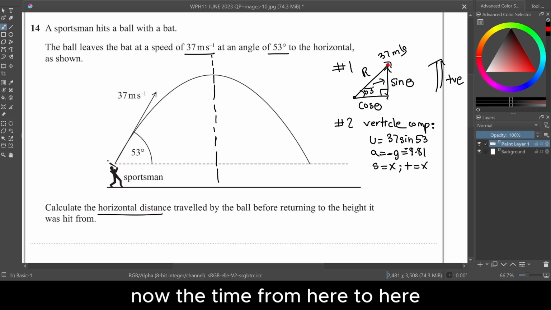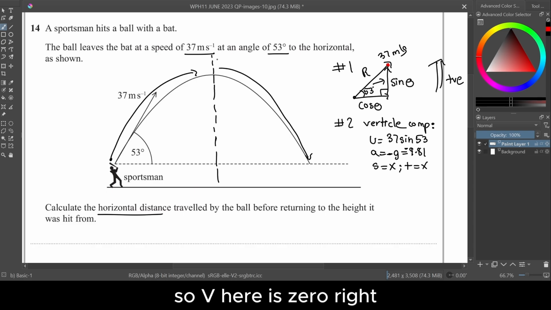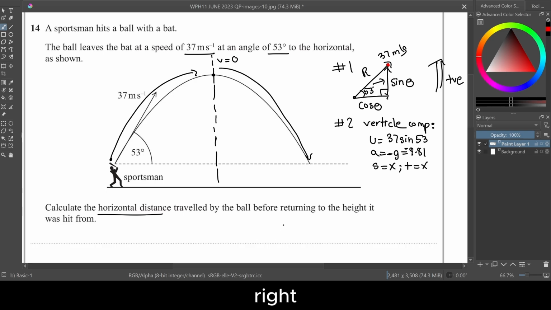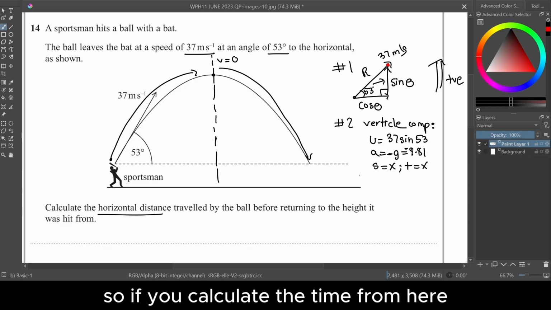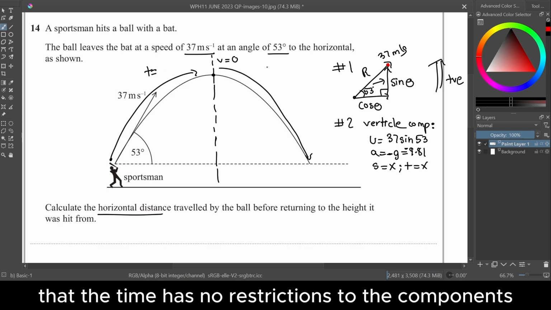Now the time from here to here will be equal to the time from here to here. So v here is 0, it's like reaching a stationary point at the top. You should know by now that time has no restrictions to the components.